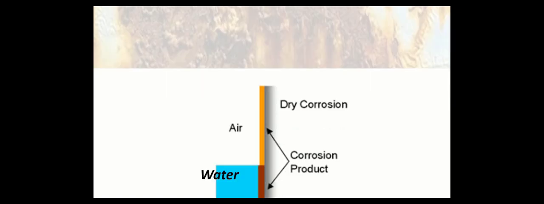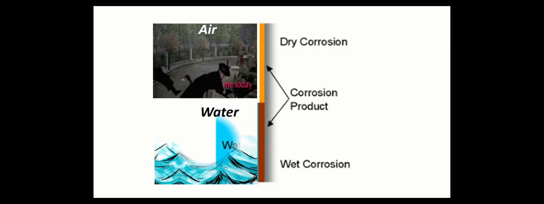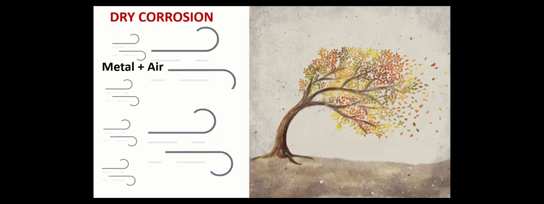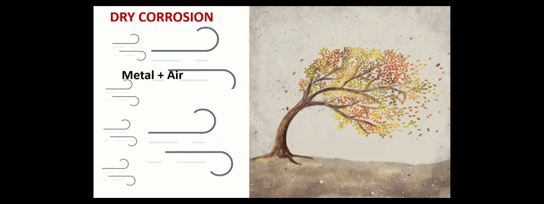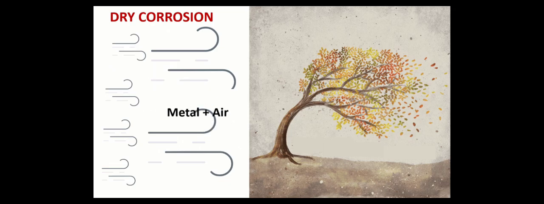In this video series, we will break down the two major theories, that is chemical corrosion, where gases directly attack the metal, and electrochemical corrosion, where the metal practically behaves like a tiny battery and corrodes through anodic and cathodic reactions. By understanding these mechanisms, you will see corrosion not as a random problem but as a predictable process with clear scientific rules. We begin with dry corrosion, otherwise known as chemical corrosion.